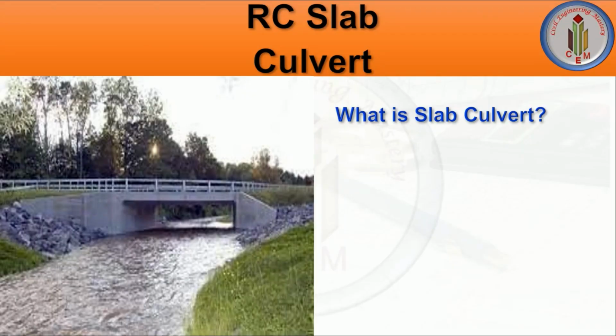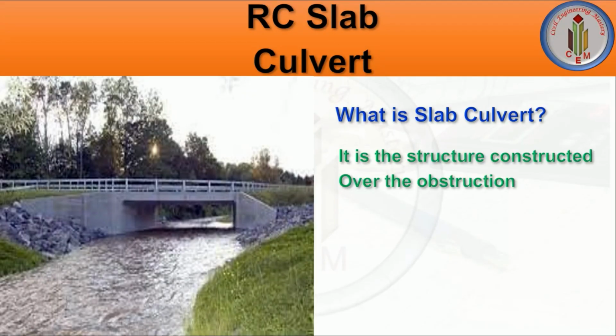First, let's start with what a slab culvert is. It is a structure constructed over an obstruction. Culverts are monolithic structures made to pass across a roadway and railway lines. These roadways and railway lines need culverts and bridges to permit cross flow of drains, rivers, or traffic at different levels.